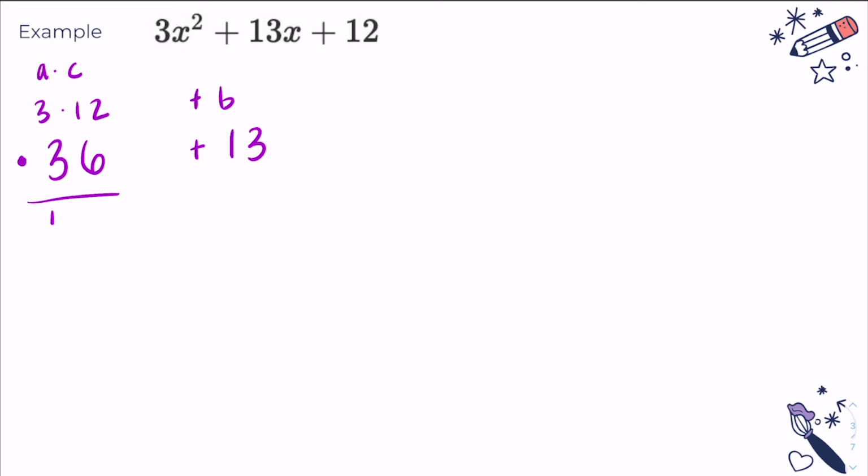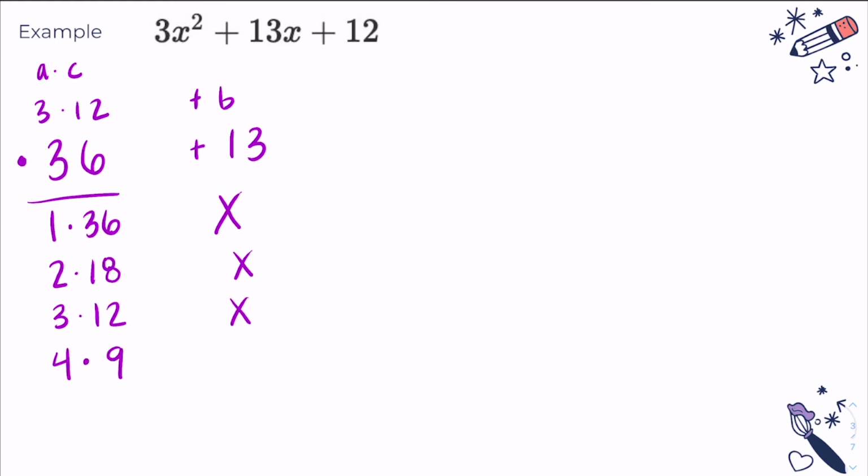So we can go through our factor pairs of 36 and then check those sums. And we get to 4 times 9, which added together equals 13. So we're going to split this middle term to be 4x plus 9x.